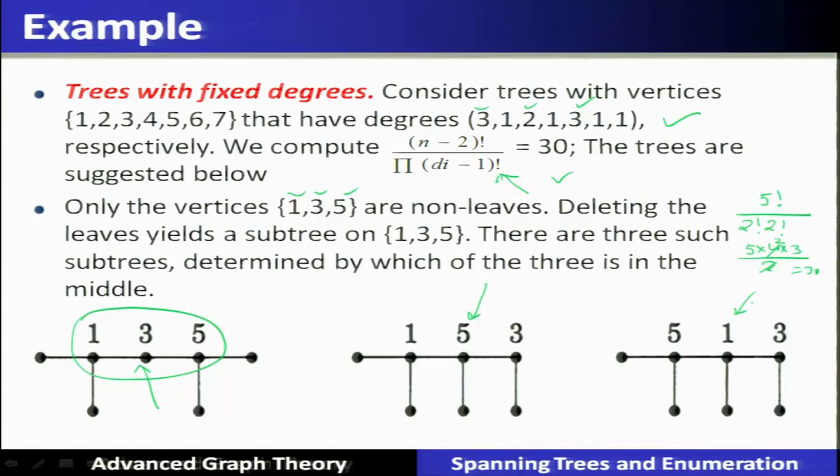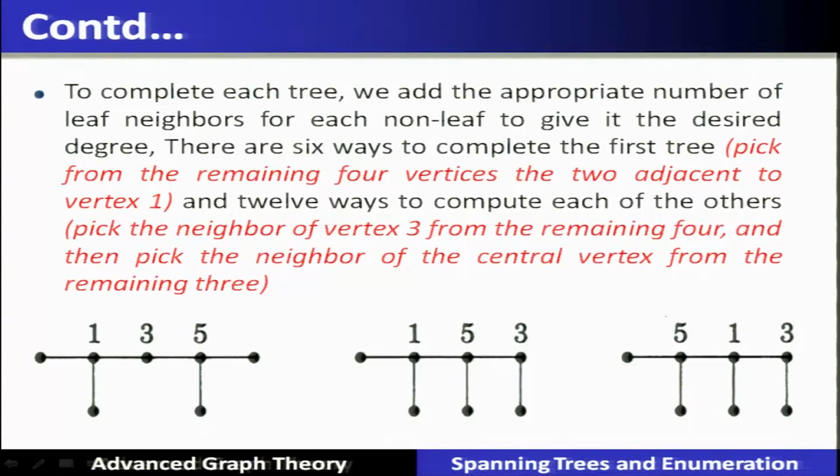There are 3 different possibilities wherein 5, 1, 3 become the internal nodes. To complete each tree, we add the appropriate number of leaf neighbors to each of these non-leaves to give it the desired degree.